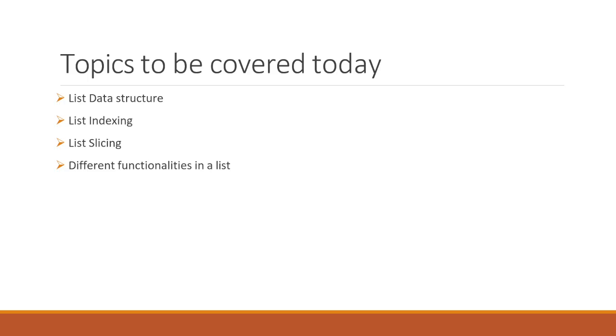So, list data structure. Till now, we have learned about variables. Inside a variable, we can store only one value at a time. Suppose you want to store multiple values in a single variable. For that we have the option of list data structure, in which we can store multiple values in a single variable.